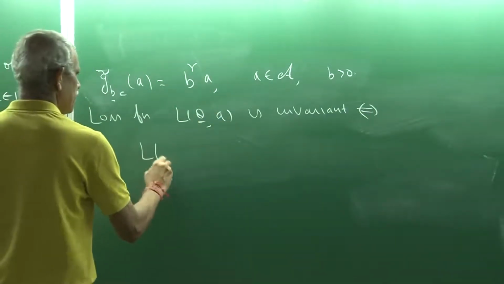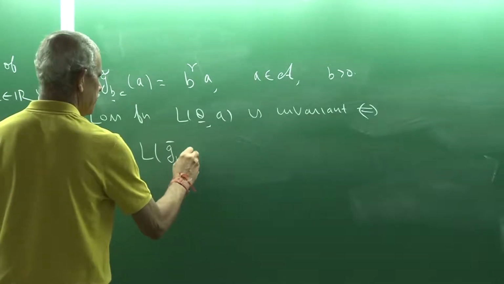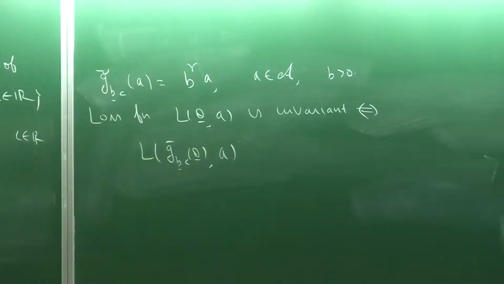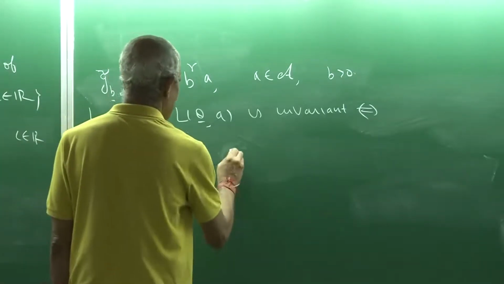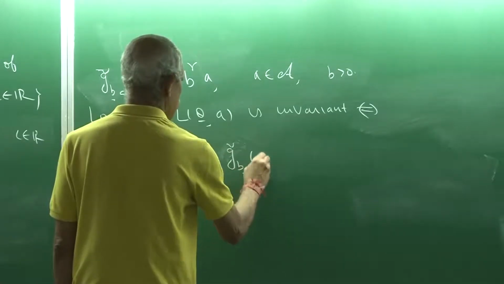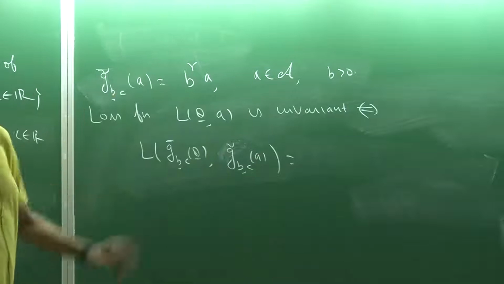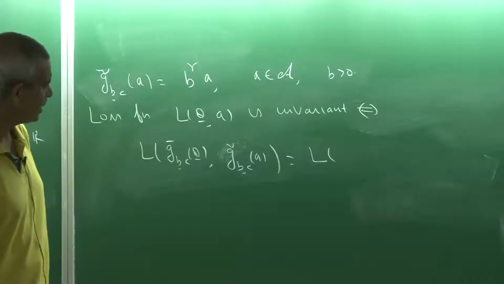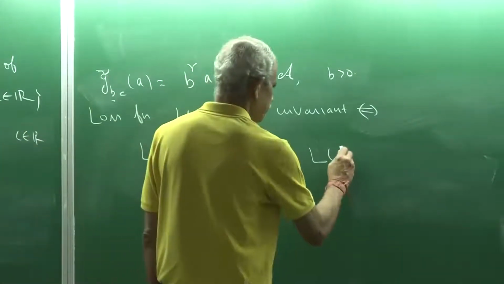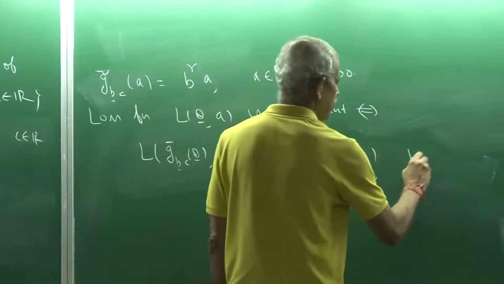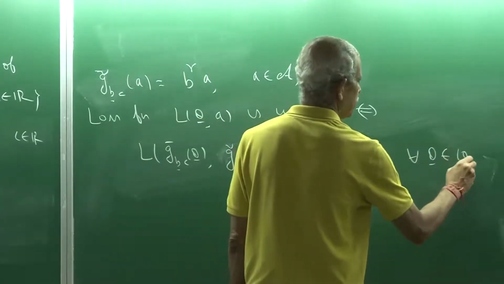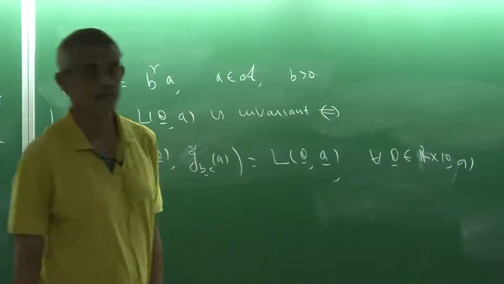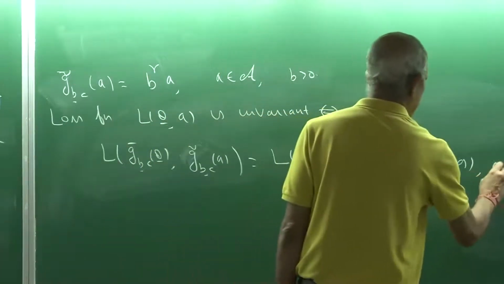L of g bar bc theta, g tilde bc a, so the loss in the transformed problem is the same as the loss in the original problem. So the unit of measurement does not affect the loss function, for every theta belonging to R cross 0 to infinity, which is your parametric space, and a greater than 0.